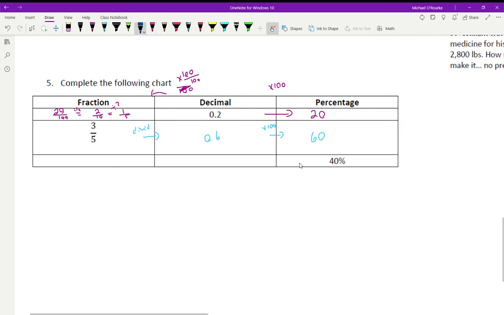Now the last one here, instead of multiplying by 100, we divide by 100, so we get 0.4. Then we're going to go 40 over 100, which we can reduce to 4 over 10, and then divide both by 2 to get 2 over 5.